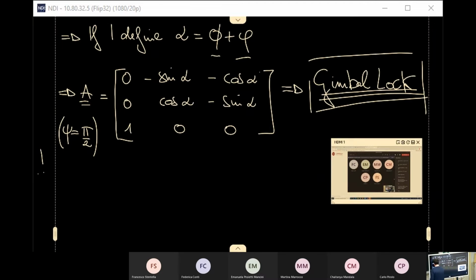And of course, the value of psi for this condition depends on the sequence that we define. In this case, we have defined the sequence 1, 2, 3, and so psi is equal to pi divided by 2, for which we have gimbal lock.